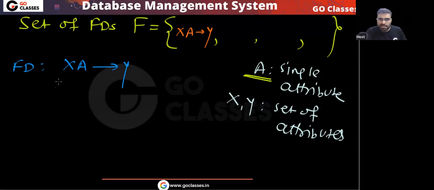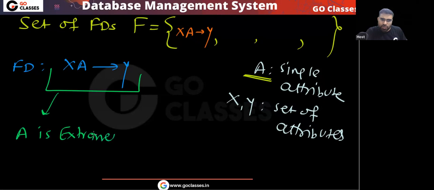I can say A is extraneous on the LHS if X can derive Y. Notice, this A is extra on the LHS if X plus contains Y. You find X plus and that X plus contains Y.